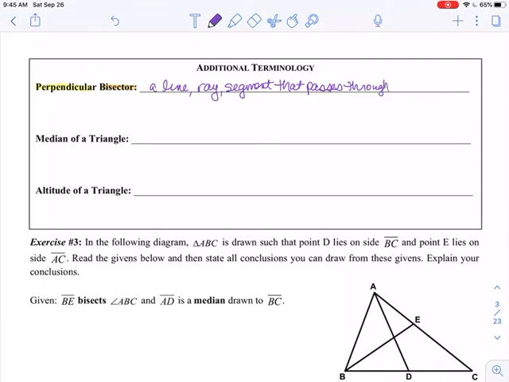That passes through the midpoint of a segment, and I abbreviate midpoint when I'm writing it, and makes a right angle. So it has two jobs. It's bisecting, which means it's going through the midpoint, and it's also perpendicular, which means it makes a right angle. So it makes a right angle with it.